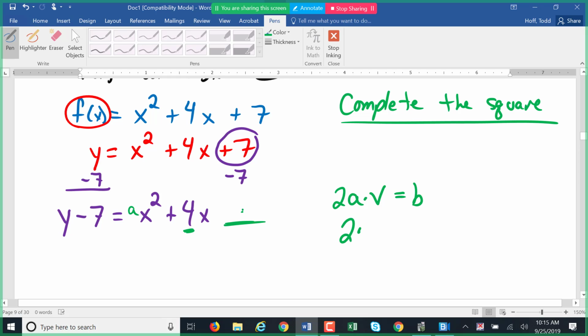Well, a is 1 in this case. We'll call that v, so 2 times 1 times v equals 4. Oops, so it has to equal b squared, I should say. Let me try that again.